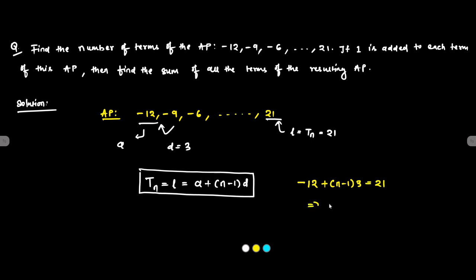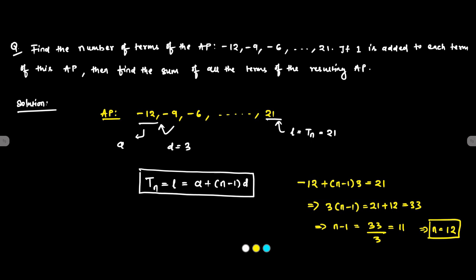That implies 3 into (n minus 1) is equal to 21 plus 12, which is equal to 33. That implies n minus 1 is equal to 33 by 3, which is equal to 11. That implies n is equal to 11 plus 1, which is equal to 12. The total number of terms present in the AP is 12.